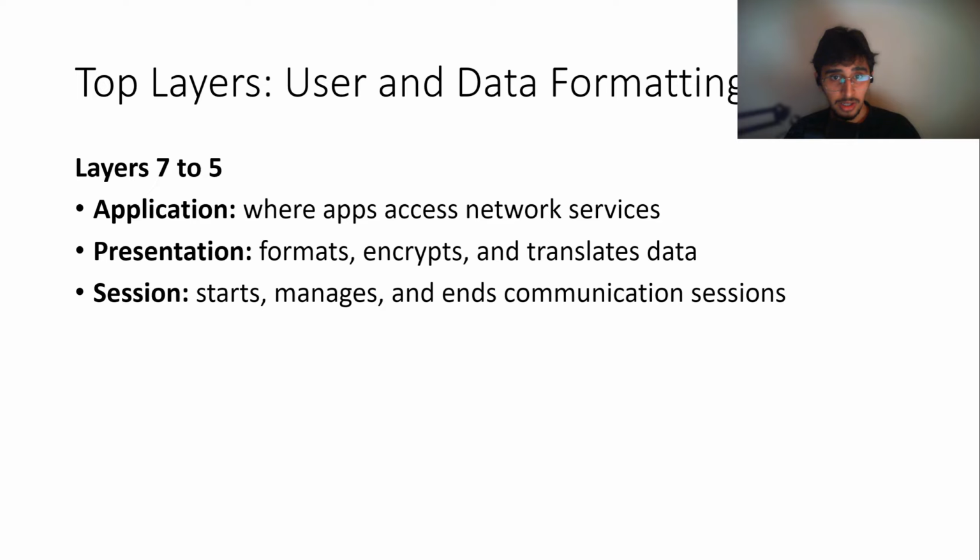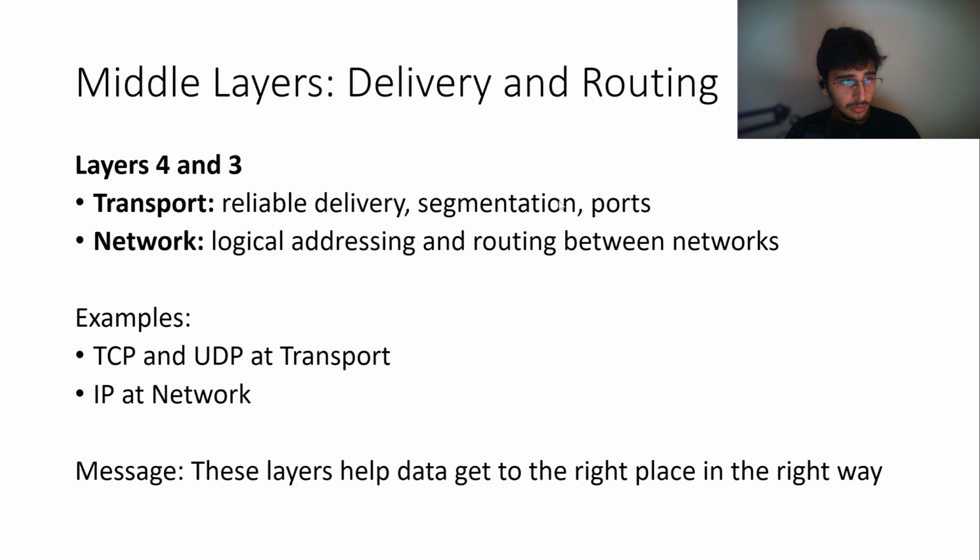So this layer helps make sure the data is in a usable form. The session layer manages the actual conversation between the devices. It helps start, maintain, and end sessions. So these layers are basically where the communication gets prepared before being handed down for delivery.